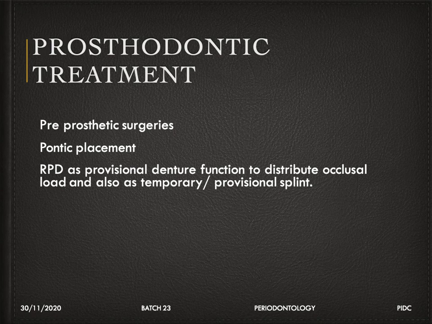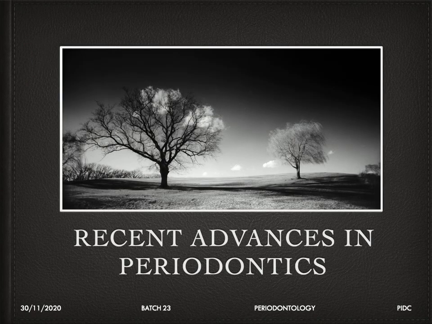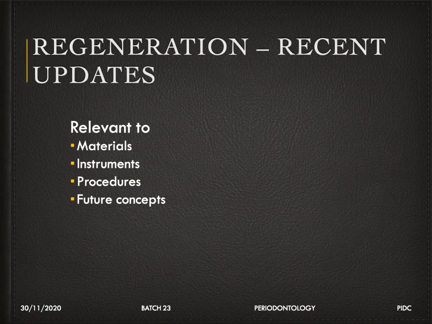The second part of the class is recent advances in periodontics. When it comes to recent advances, we will talk about recent advances in material aspects, instrument aspects, procedural aspects, and what the future concepts are. We'll start with material aspects.